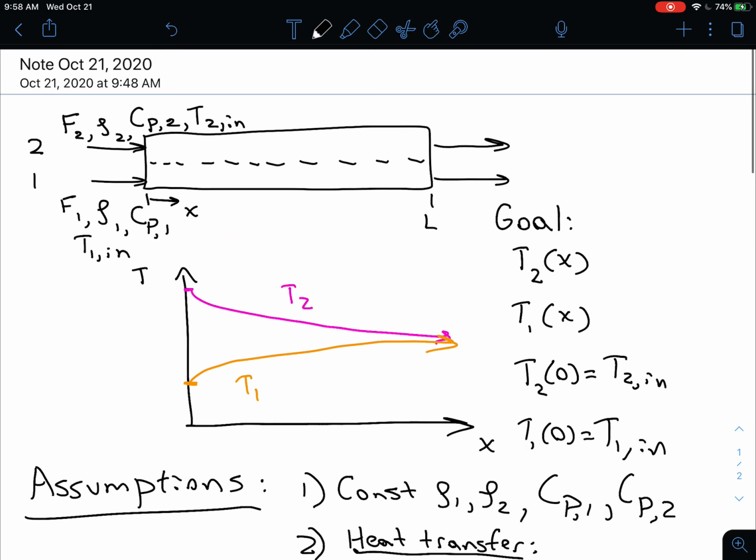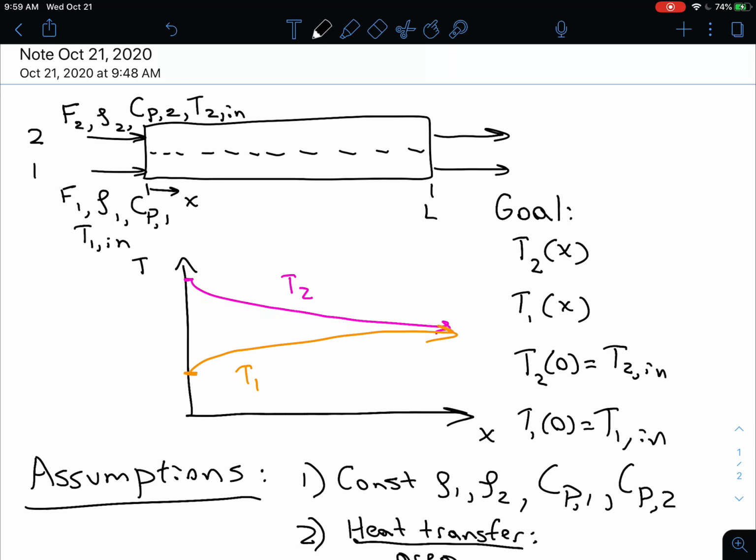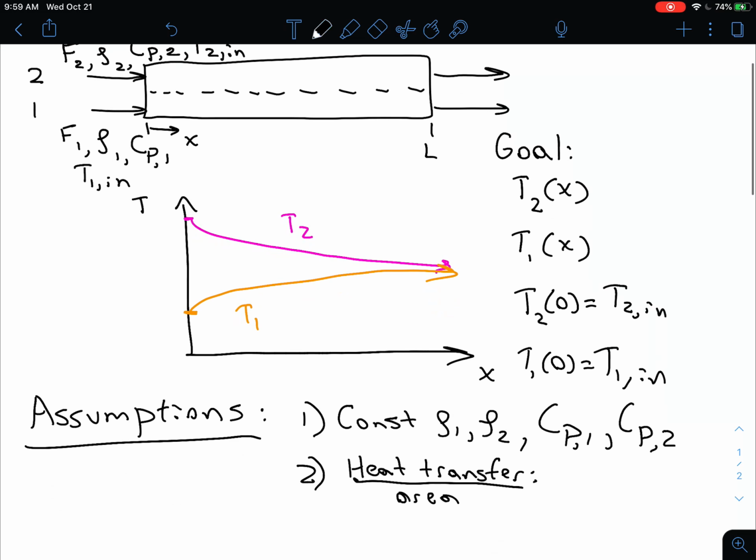What I mean is that at any given position within this exchanger, you have a certain surface area of contact that would allow heat to transfer. And I'm going to say that it's going to be h, some constant heat transfer coefficient, times some surface area of contact times T2 minus T1.